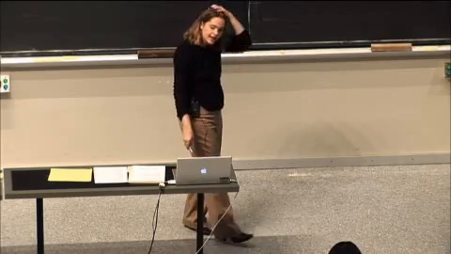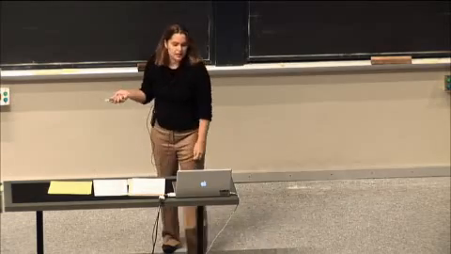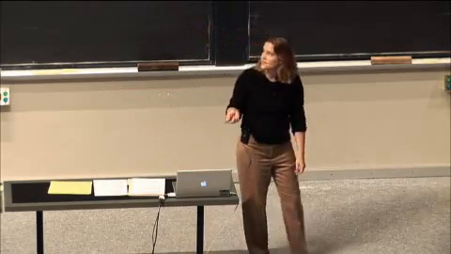So let's look at a base buffer example. The only difference here is that a basic buffer is going to buffer on the basic end of the pH range. So here's an equation. We have a base in water forming the conjugate acid of that weak base and hydroxide ions. So let's think about what happens if a strong acid is added.